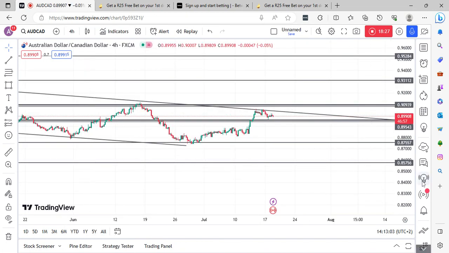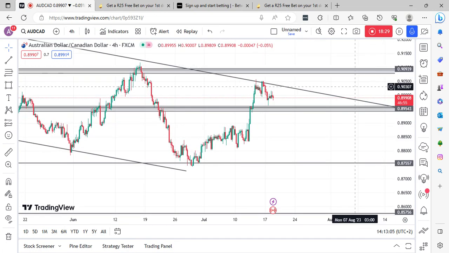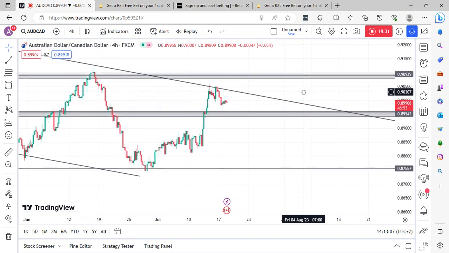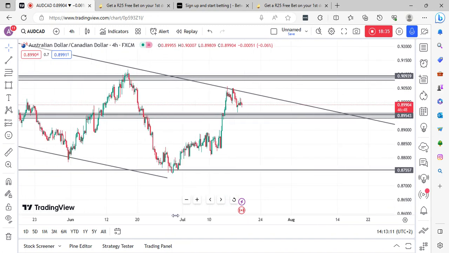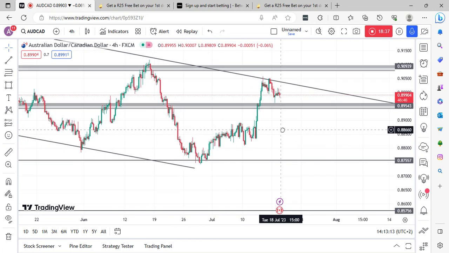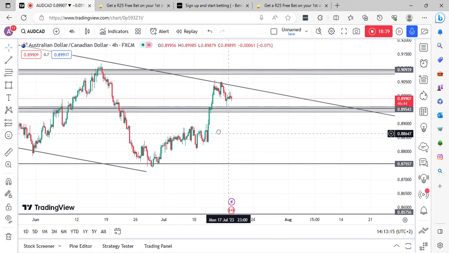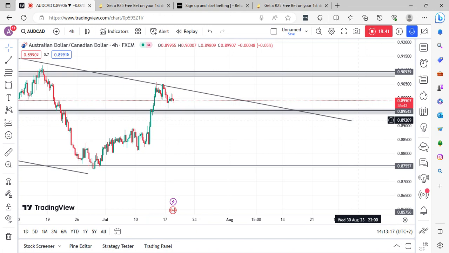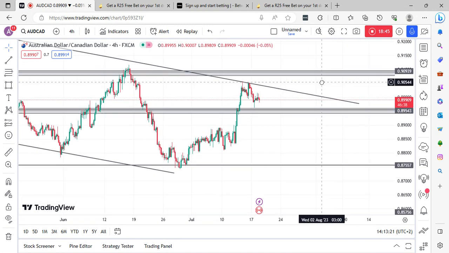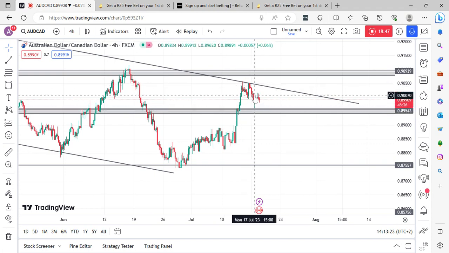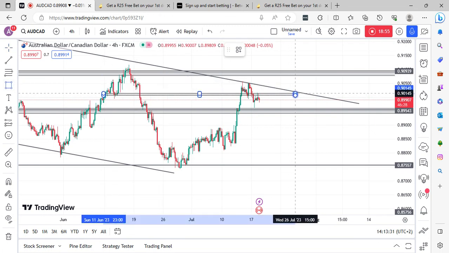On a 4 hour, this is what's happening. Every time you go to lower time frames, you get another structure, so you always have to adjust your trends and everything. You could see now that at these levels the market tried to push above, but it failed. So now you have another important area that the market is respecting.